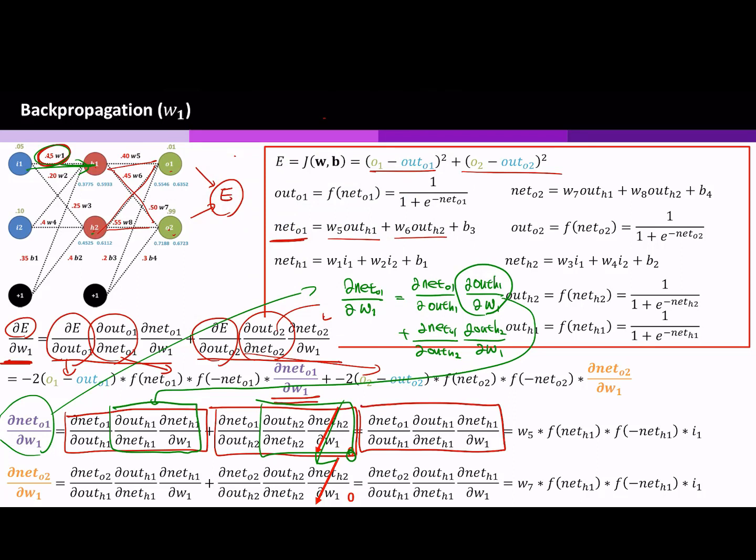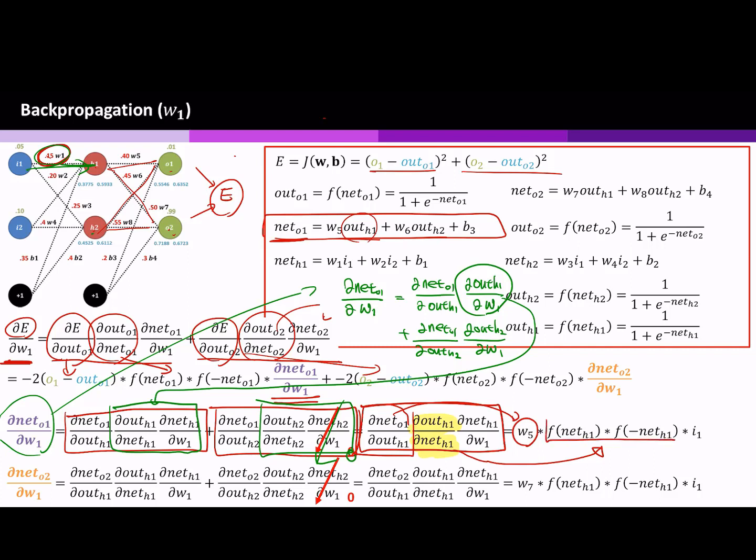So here, net O1 over the output H1, that one is this equation. So the value is W5, right? And we know that this one is the derivative of your activation function.